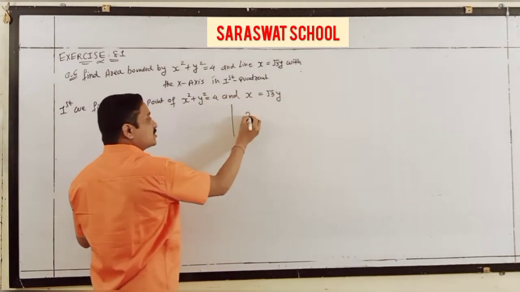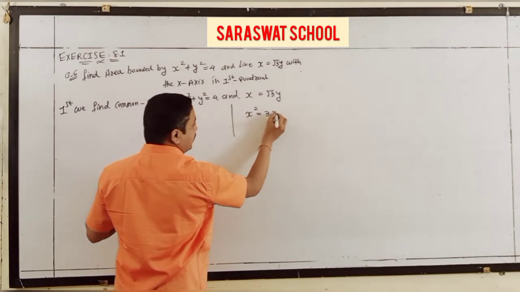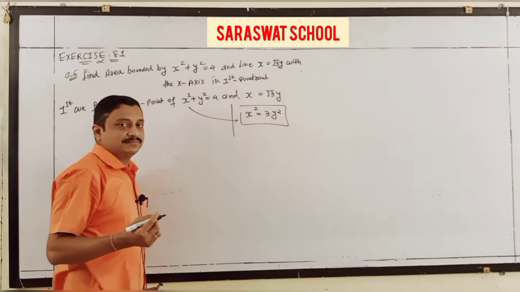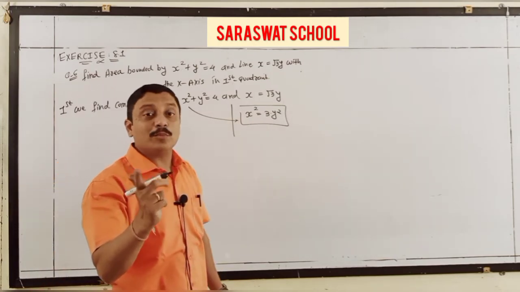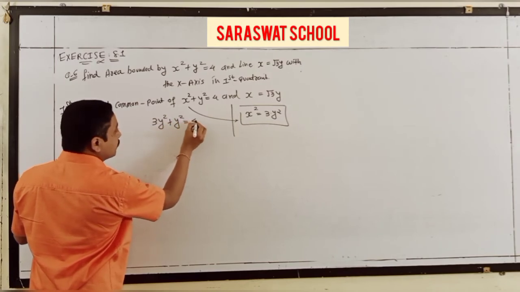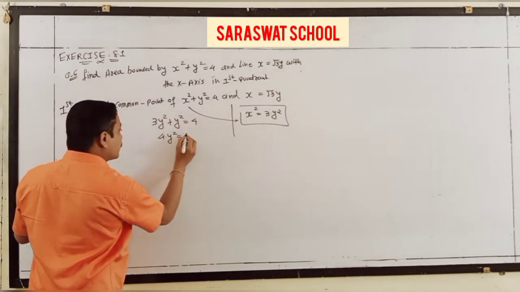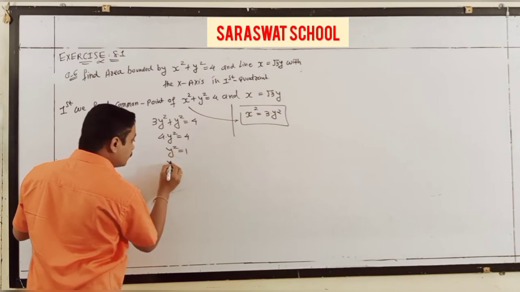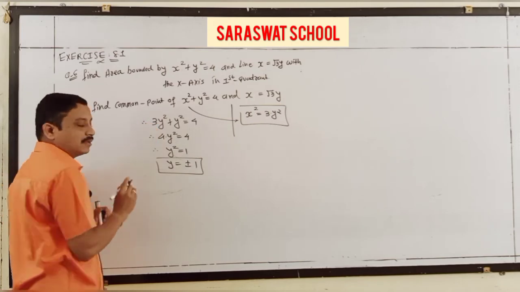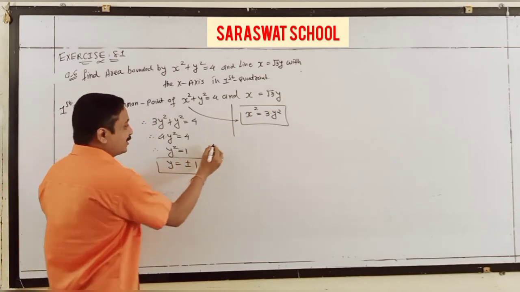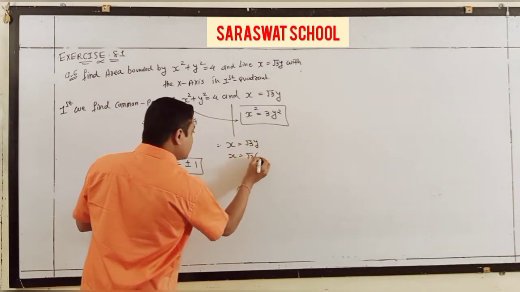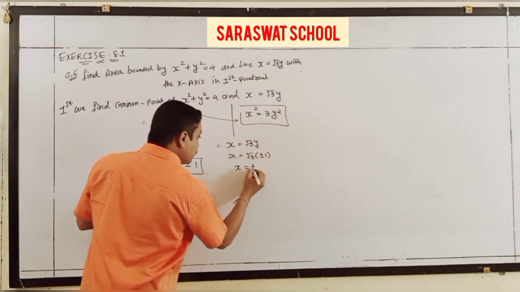Students, here x square is 3y square, and that x square you put here, you easily define the common points. So here 3y square plus y square, 4y square equals 4, y square is 1, y becomes plus or minus 1. And if y is plus or minus 1, then what is x? x is root 3 y, root 3 with plus or minus, it means plus or minus root 3.